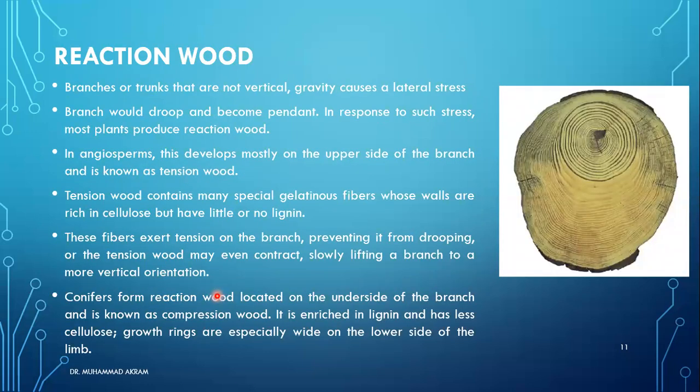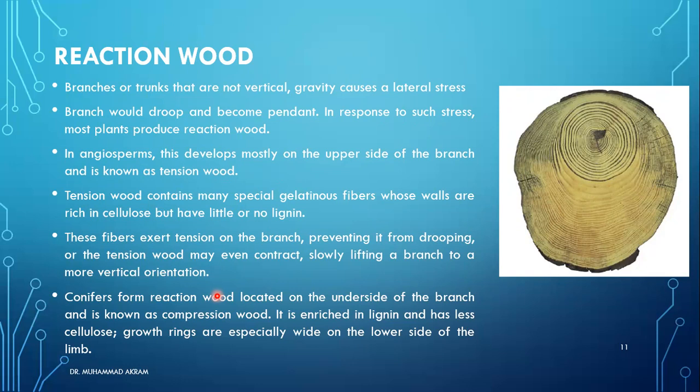The other wood type is known as the reaction wood. The reaction wood is represented by its name. The branches or trunks of the trees are not vertical. Gravity causes a lateral stress. Due to gravity, or the drooping behavior of the branches of the trees, the branches would droop and become pendant.